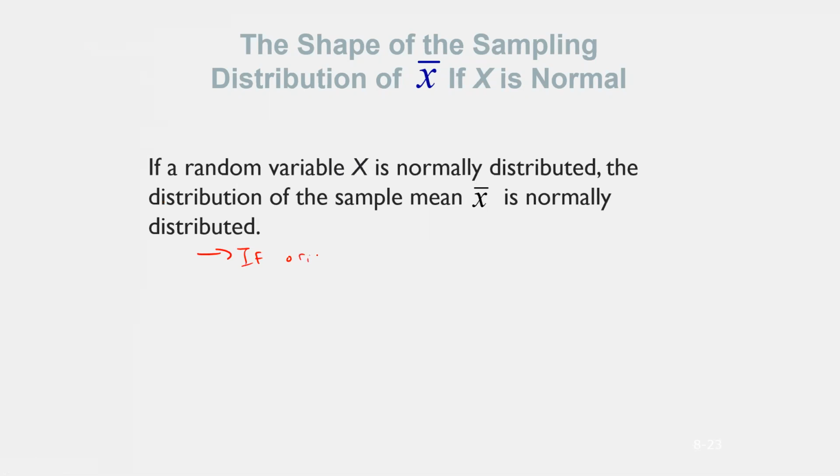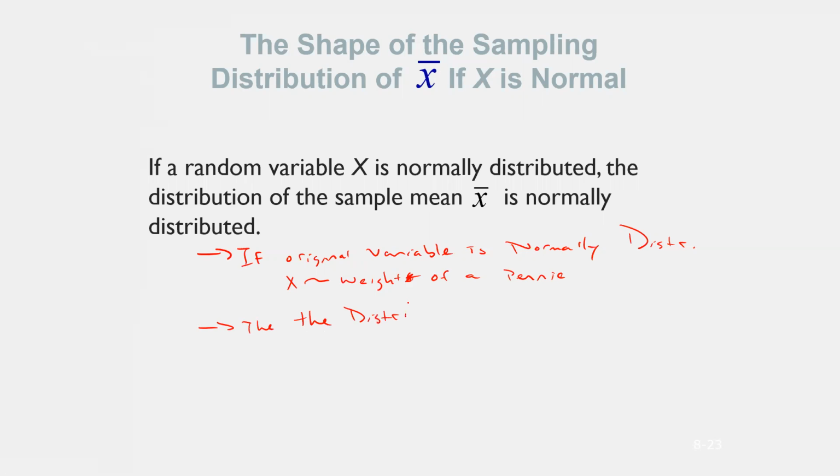If the original variable is normally distributed, like X was the weight of a penny, then the distribution of X bar is normally distributed.